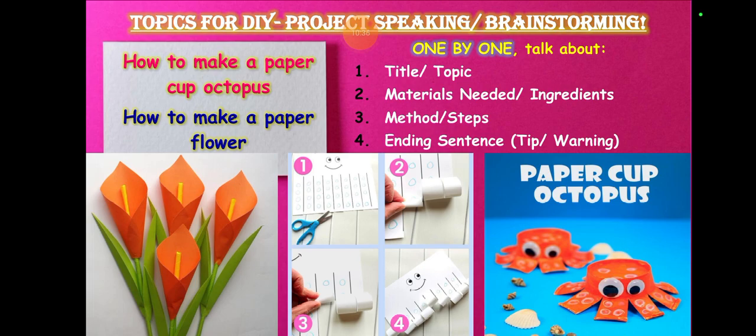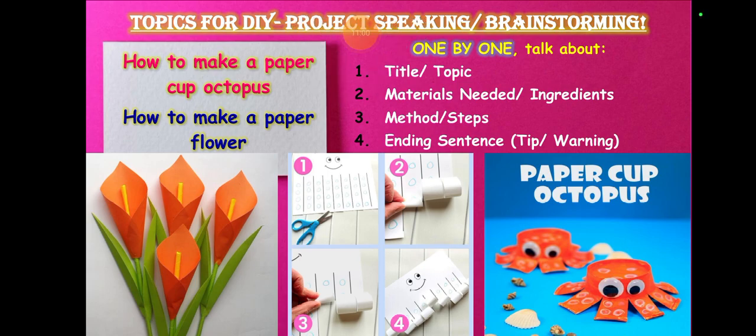Okay, now if I give you how to make a paper flower, let me tell you how to make a beautiful paper flower. Materials needed: an A4 size sheet, or you can say green petals.